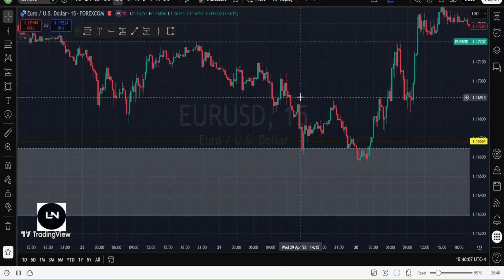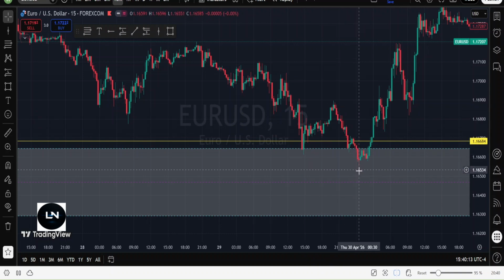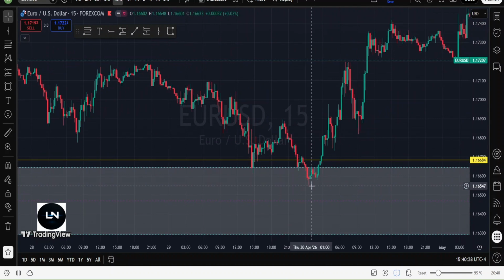Did the market deliver? The market dropped into the zone first on Wednesday, moved up and dropped again. So probably you might take this low. If you have taken this trade, a buy here, and if your stop is tight, apparently price returning back would have been a loss. Then price moved into this area.